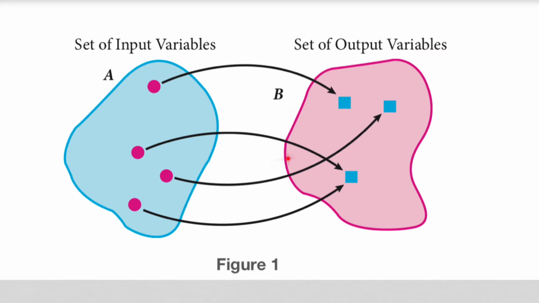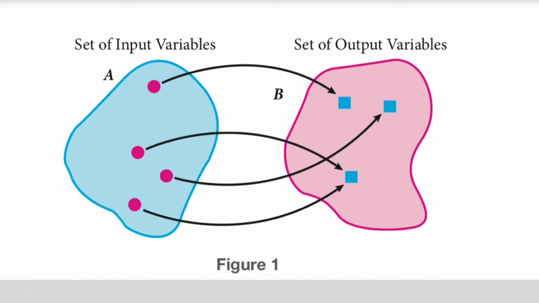And then in set B, you'll see these little squares over here, and those are the elements of set B. So what we can see here is that in set A, this first dot here gets assigned to this square over here. And this second dot here gets assigned to this square over here. And this third dot gets assigned to this square here. And this fourth dot gets assigned to this square here.